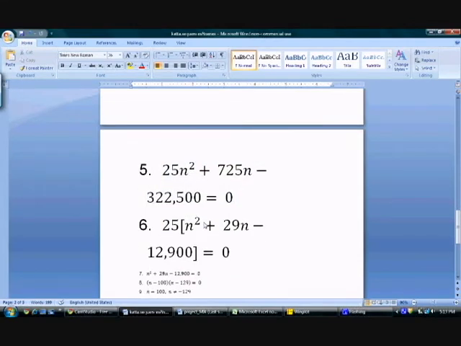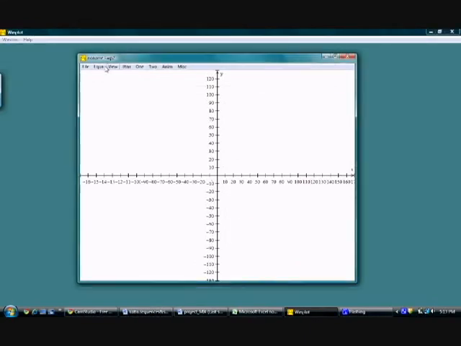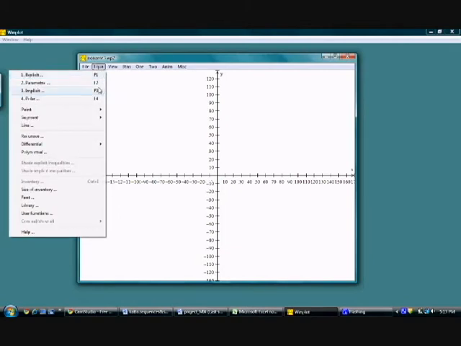What we can do with this quadratic equation is we can plot it. What plotting will tell us is we can look at the x-intercepts, and these will give us the answers for what x is.